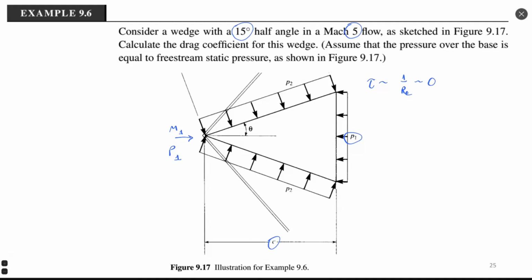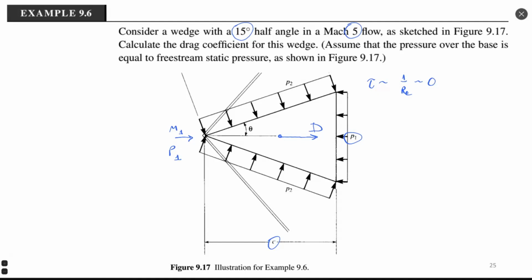Drag force is a force that is directed horizontally, right? And it is the total force over this body. So I will project all my forces on the x-axis, right?